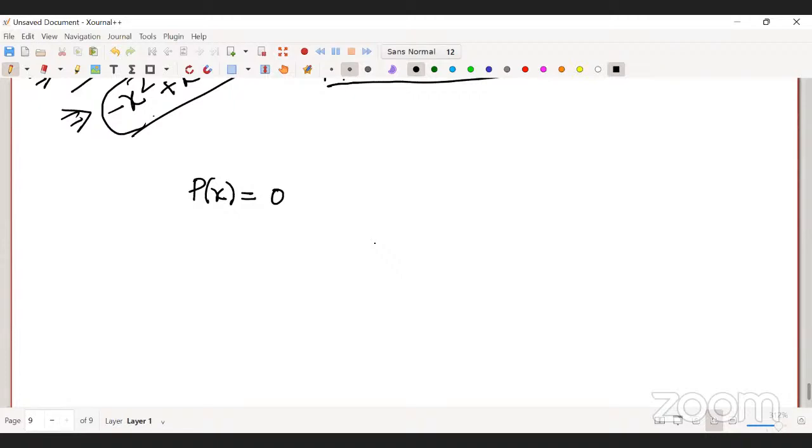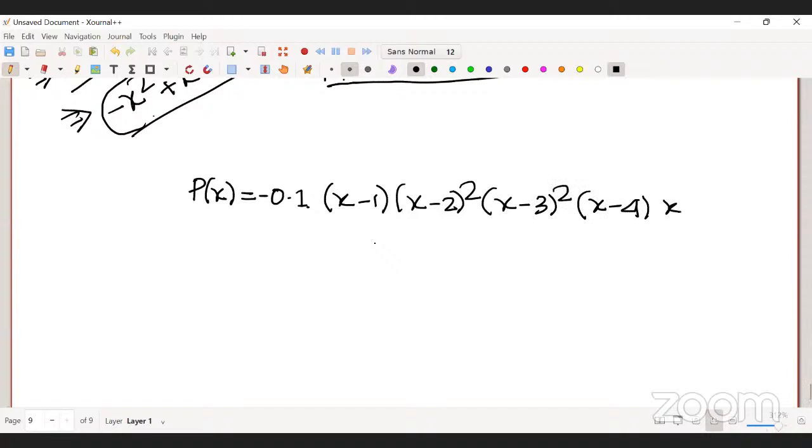Consider a polynomial function p of x equal to minus 0.01 into (x minus 1) into (x minus 2) the whole square into (x minus 3) the whole square into (x minus 4) into (x plus 1) into (x plus 2) the whole square. They have given the options as R is neither reflexive nor symmetric nor transitive.